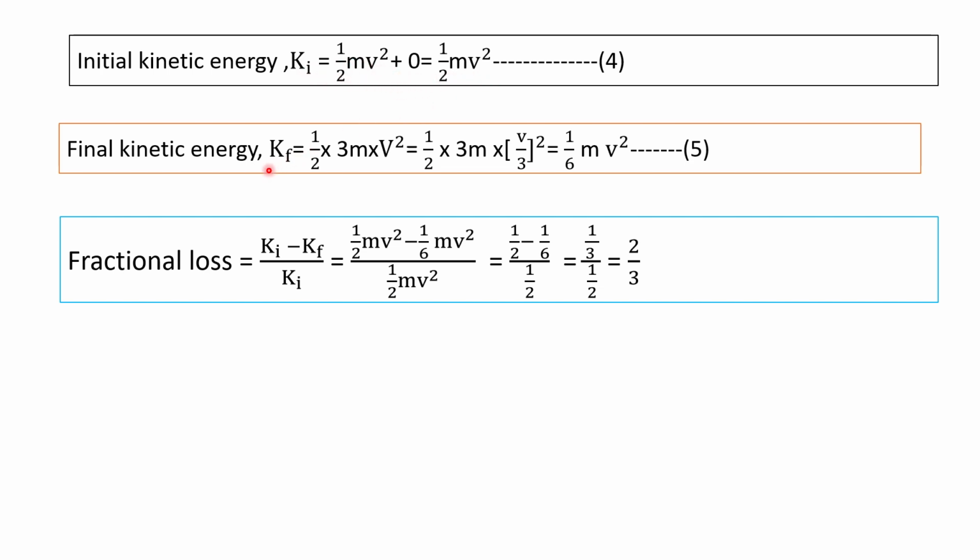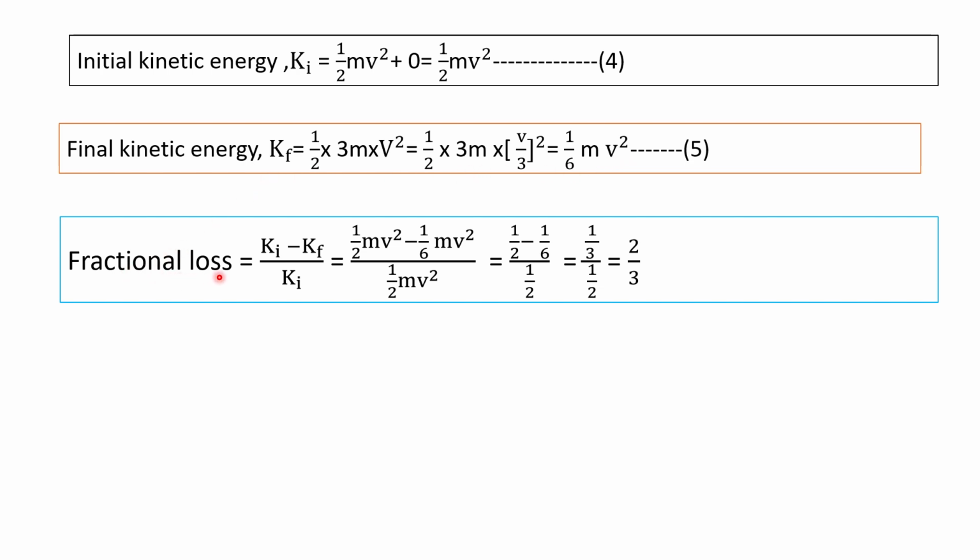Final kinetic energy Kf is equal to half into, the two particles stick together, so their common mass is 3m and the velocity is capital V. So kinetic energy is half into 3m into V square. Instead of V square, we can substitute v by 3. On cancelling, we get 1 by 6 m v square. So this is the final kinetic energy.